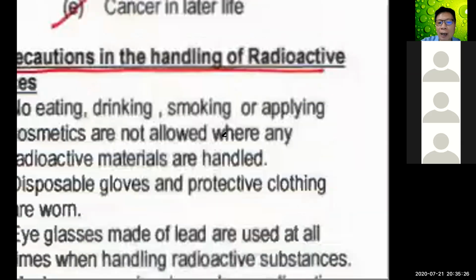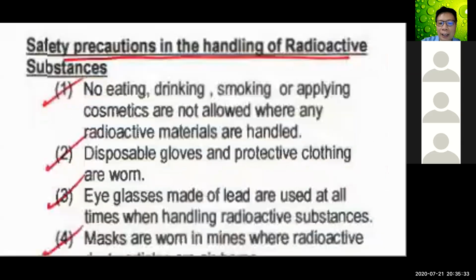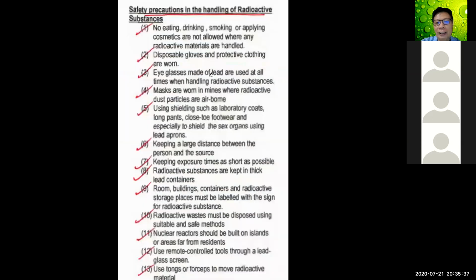Next one is also very important for your essay writing. When you write essay, you need to have a lot of points. The next one is safety precaution in handling the radioactive substances. When you work with radiations, you must have precaution, because we know this thing is very dangerous.